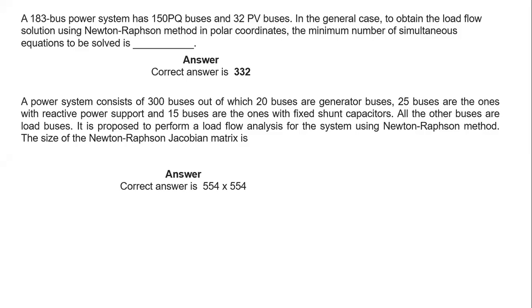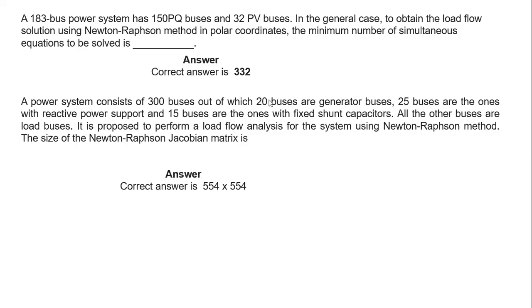You know what m is? It is the PV buses, isn't it? N you know. Then you will get the order of Jacobian as 554 into 554. Hope you understood this. So the only trick is that generator bus reactive power support is nothing but PV buses.